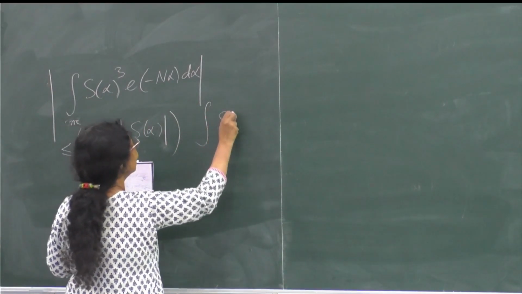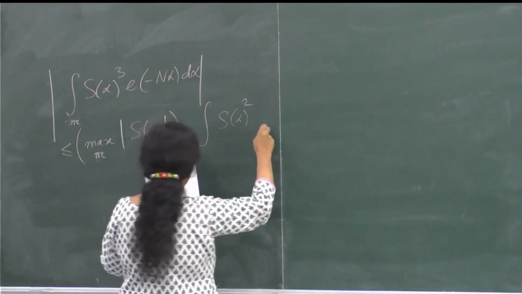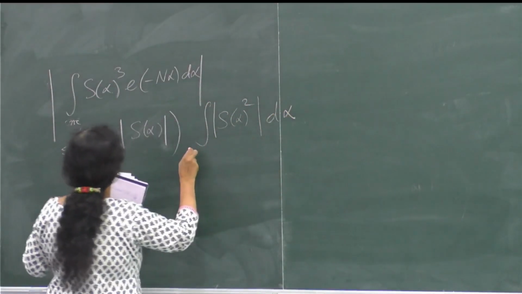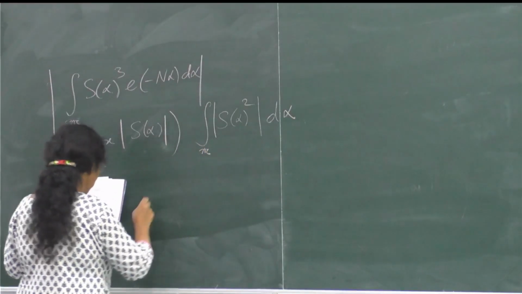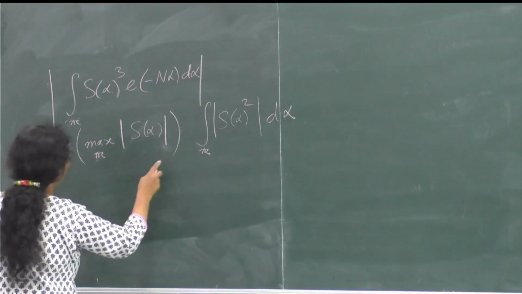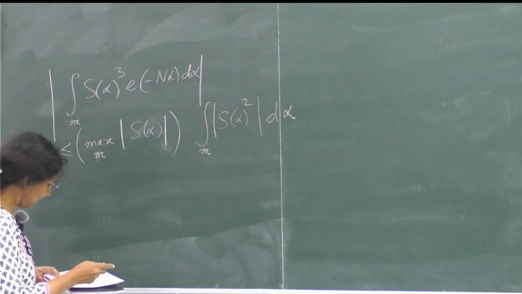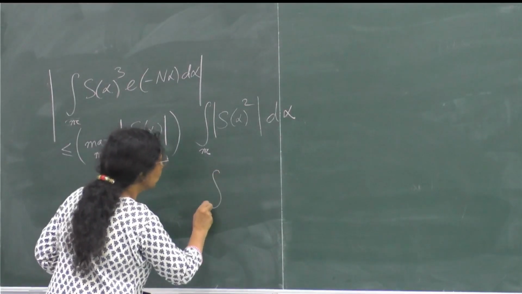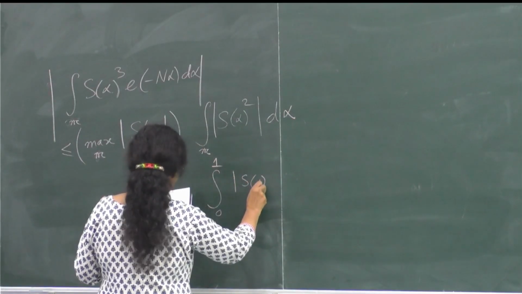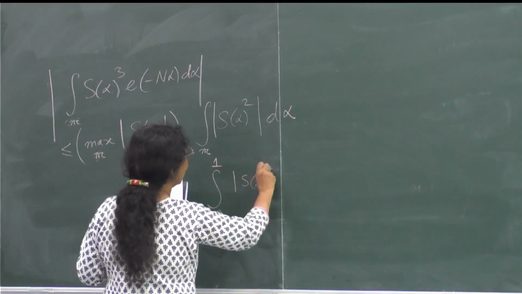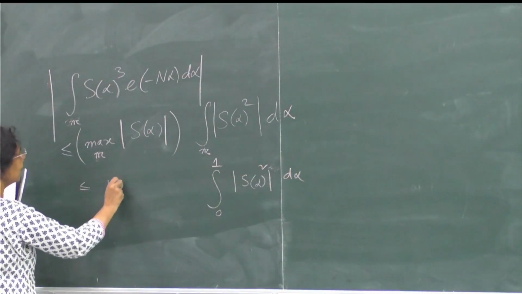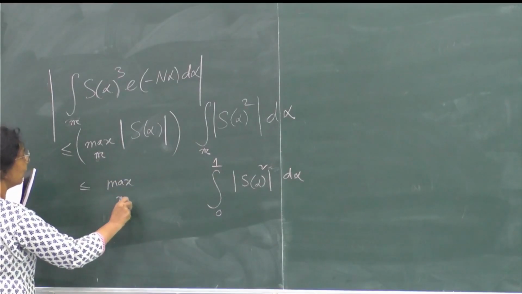So this is S alpha square d alpha over the same. So if this is over little f, then I can as well do this over 0 to 1 and take the S alpha square d alpha and keep this as this. So my aim is to get a bound.